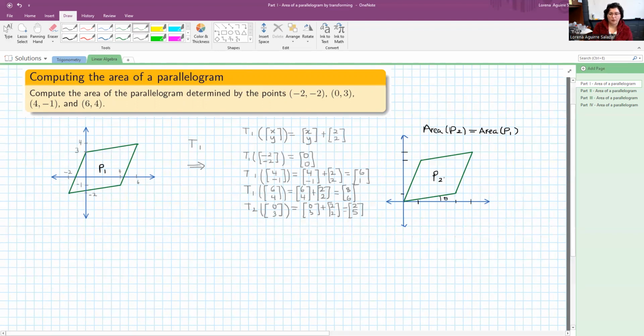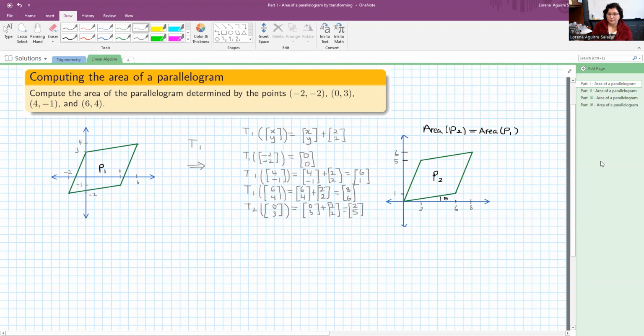Let's write the vertices of the parallelogram. Here we have (6, 1), then (2, 5), then (8, 6).